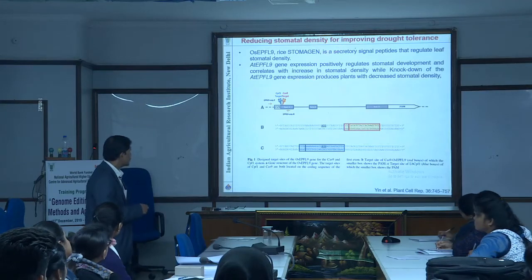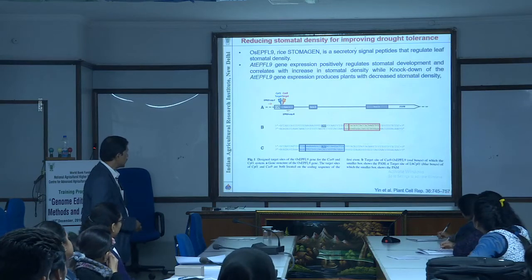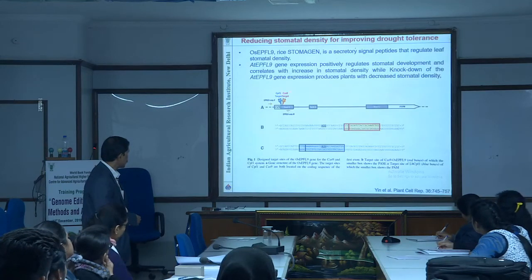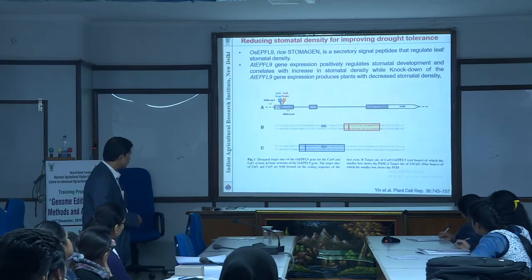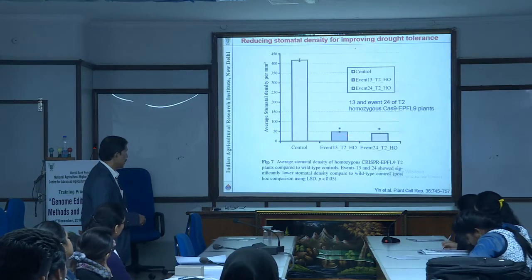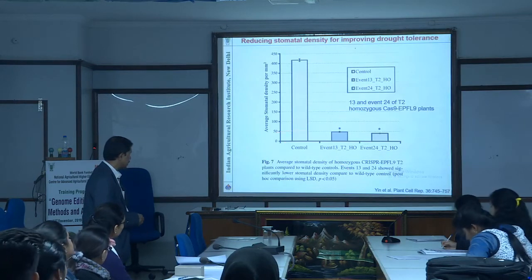Another approach from the literature was on reducing stomatal density. If you reduce the stomatal density, you expect less transpiration. Using both Cpf1 and Cas9, a study was done at IARI, and they generated mutants with a drastic reduction in stomatal number.